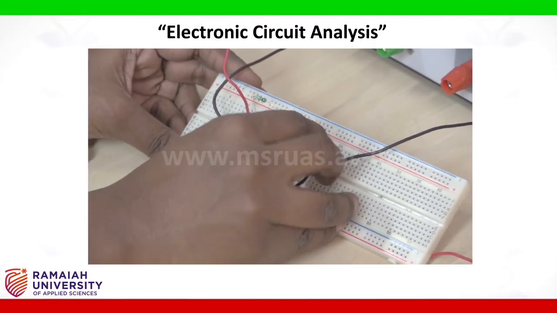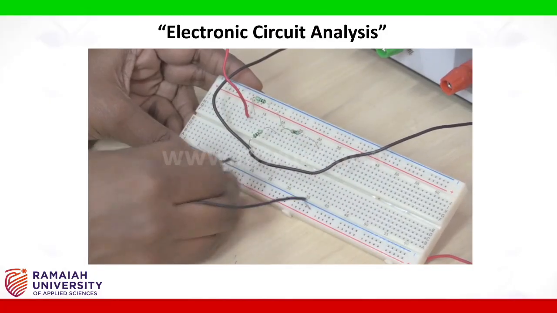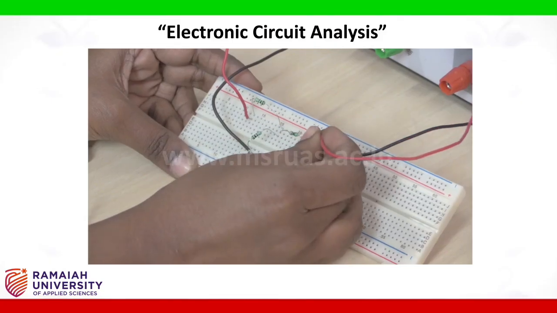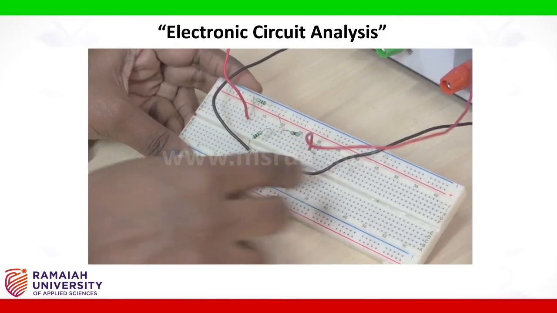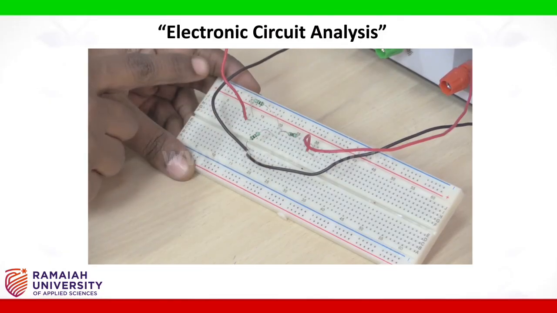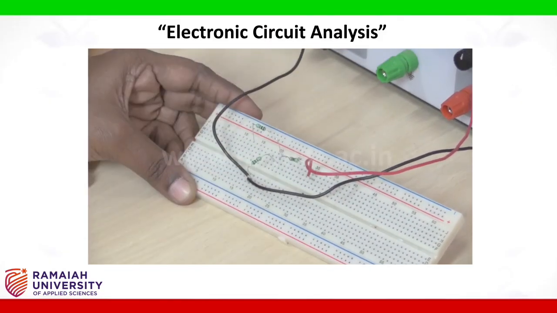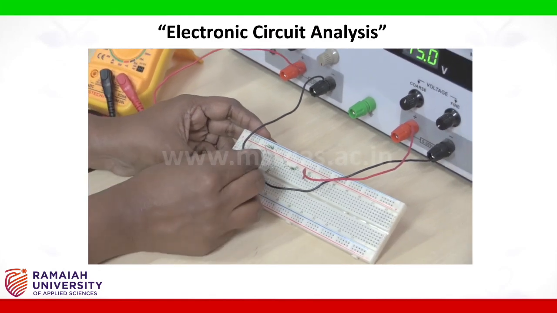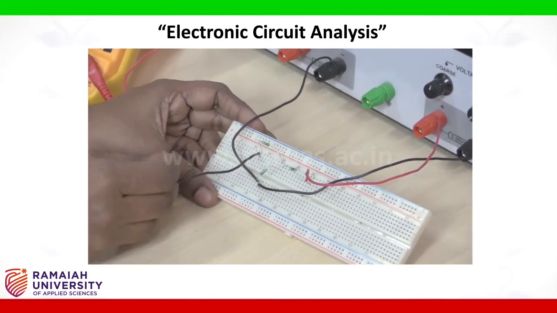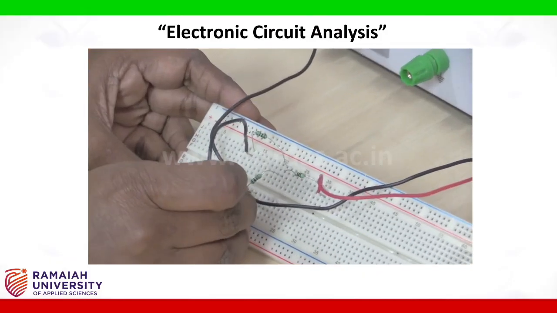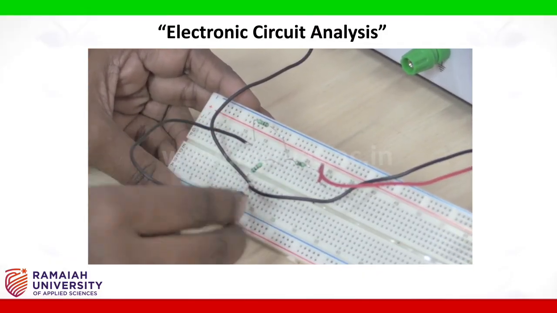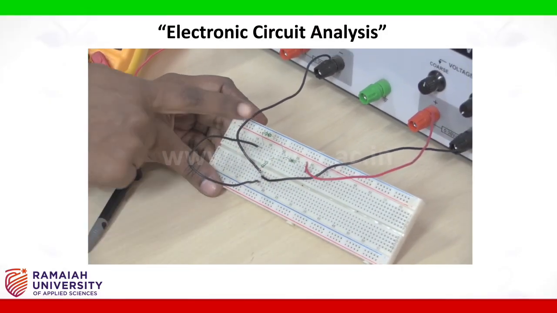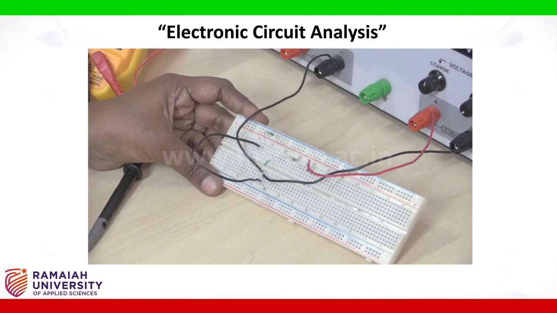Similarly, put source 2 back in original position. Remove source 1. Short this resistor leg to the common terminal. Again measure currents through all the 3 resistors.